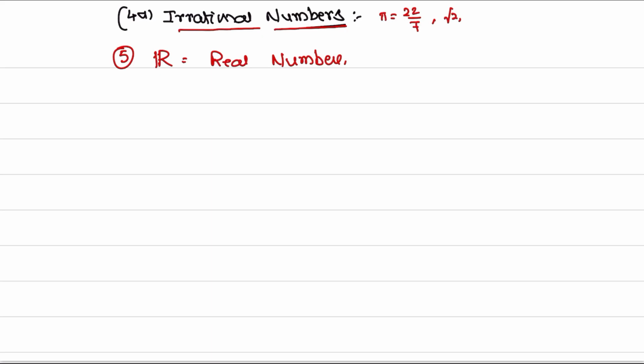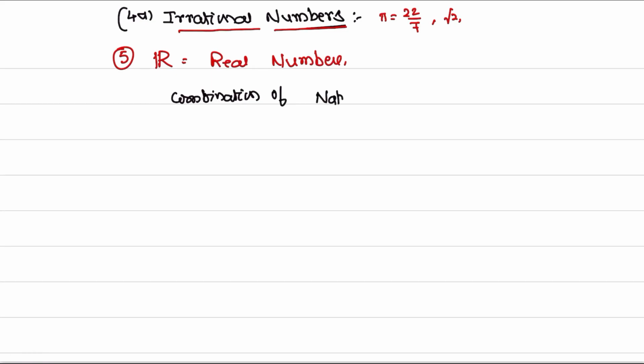Now, real numbers is the combination of natural numbers union integers union rational numbers union irrationals.